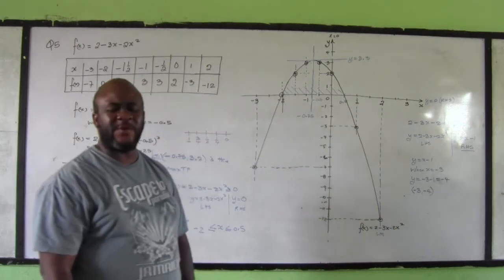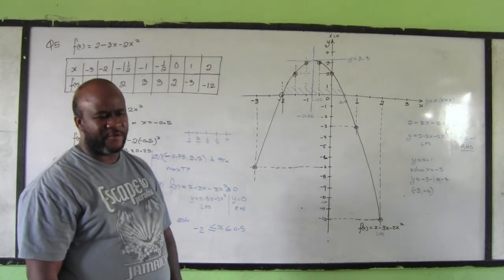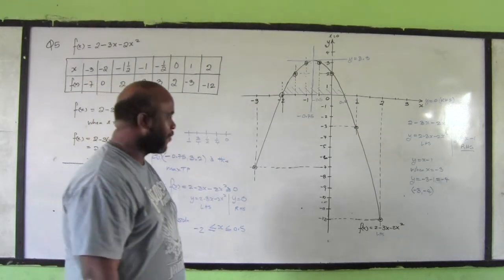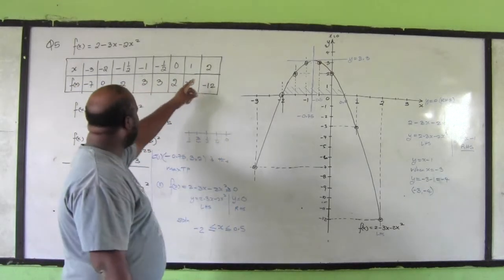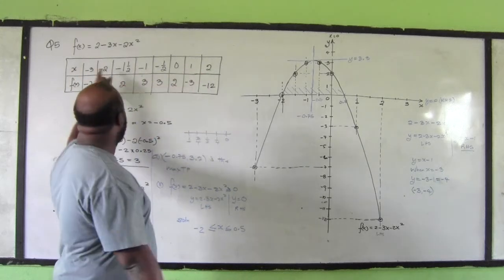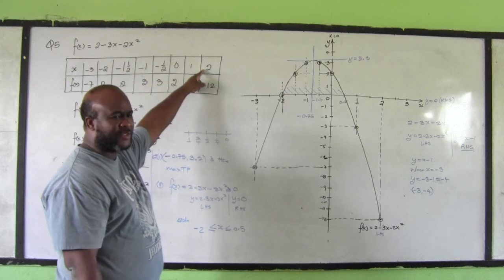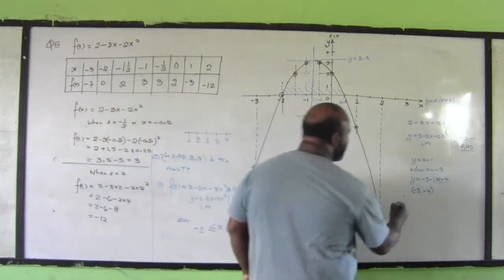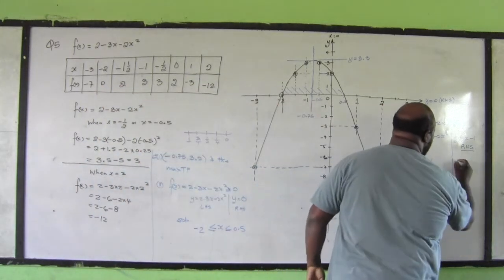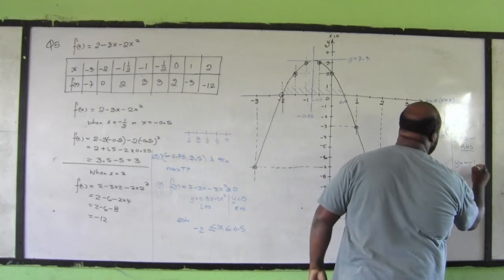How many points do we need for a straight line graph? 2. We need one more. I'm using the extremes. Same equation, y is equal to x minus 1.